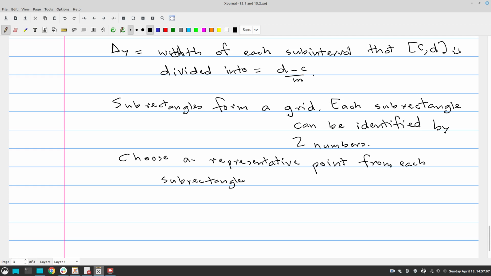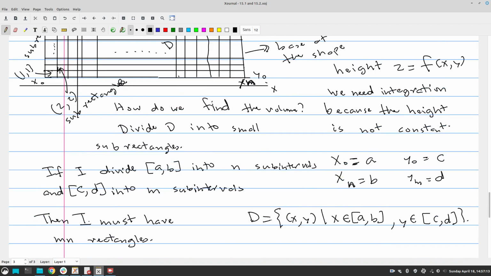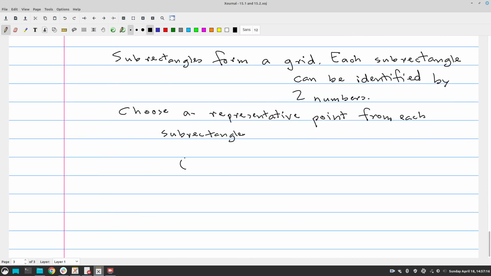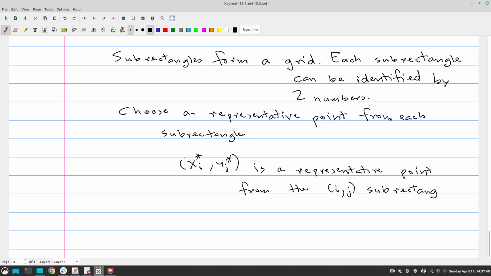So notice that we can choose xi star, yj star as a representative point from the ij subrectangle.